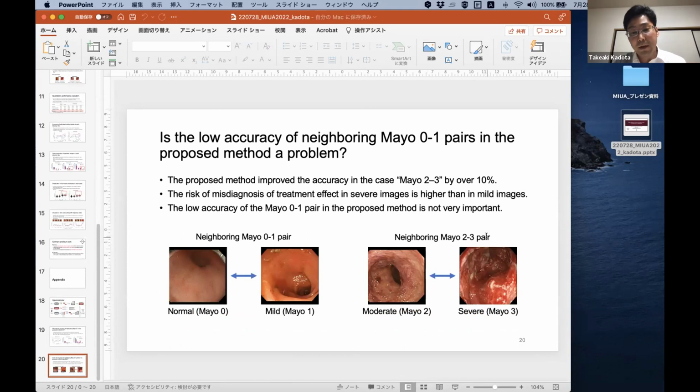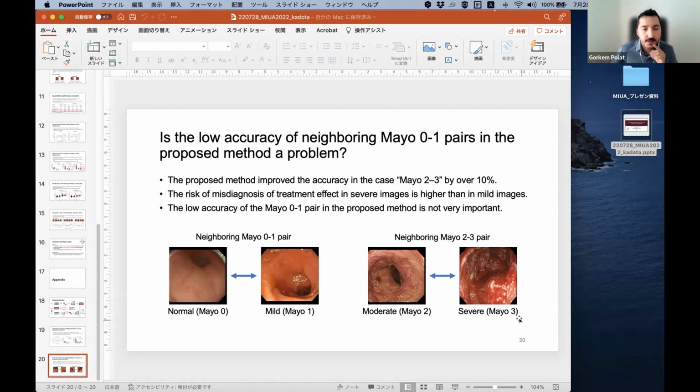We evaluated the correctness of the disease order, for example, Mayo 2 or Mayo 3. So when we evaluated accuracy, we use 2 images.